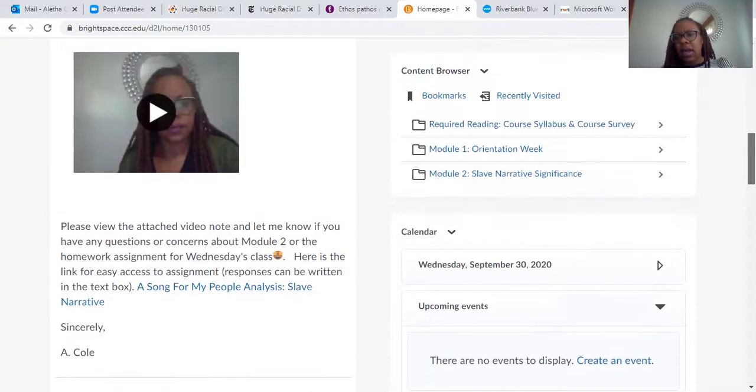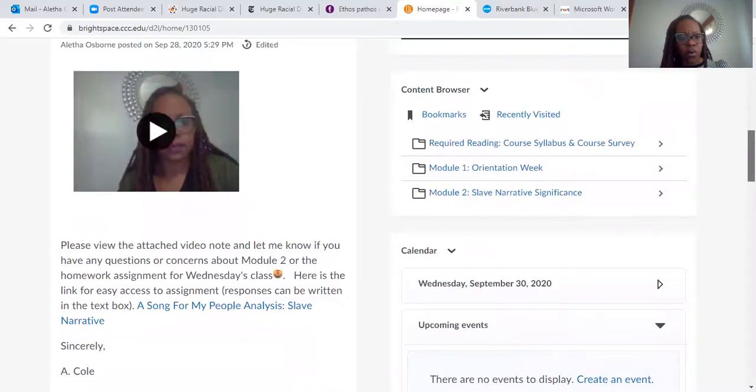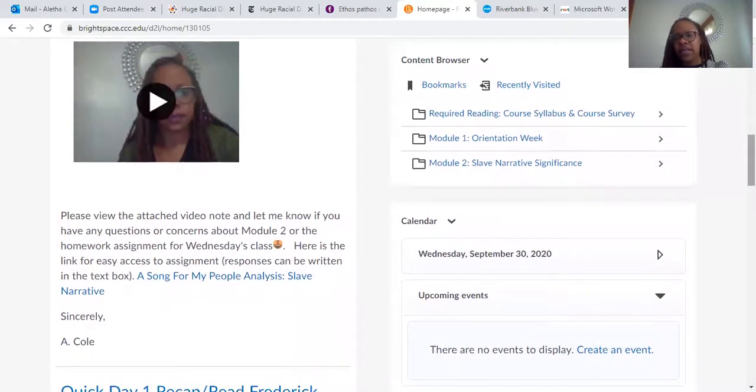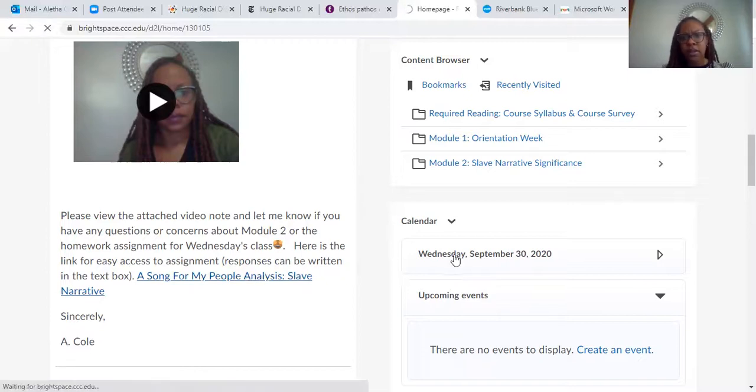So in addition to the documents in Module 2, the main thing I wanted you to focus on for homework was the reading of the Frances E. W. Harper poem, A Song for My People. Students were asked to consider this poem based on the elements and what we learned about the slave narrative. So let's review a few things really quickly prior to opening up this discussion.